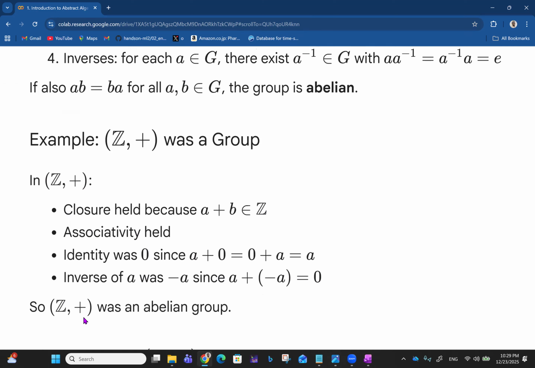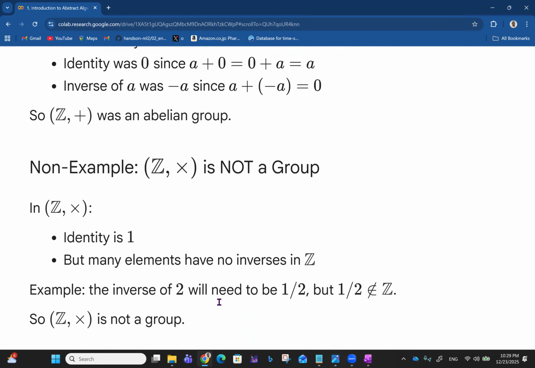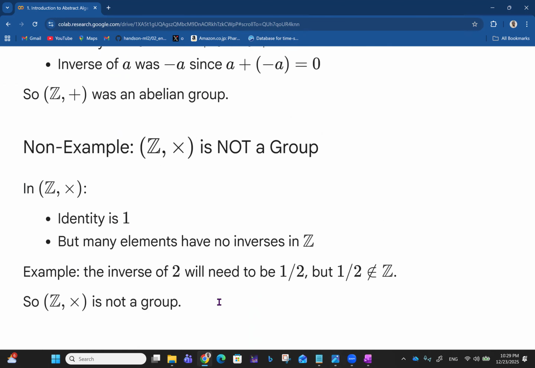So (Z, +), the group consisting of the set of all integers and the binary operation of addition, is an abelian group. It's a group, first of all, so we have established that it's a group. It is also abelian, meaning that A plus B is always equal to B plus A in the set of all integers.